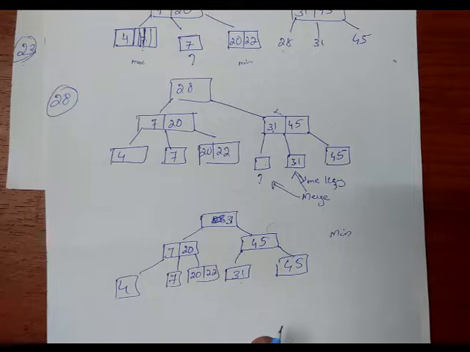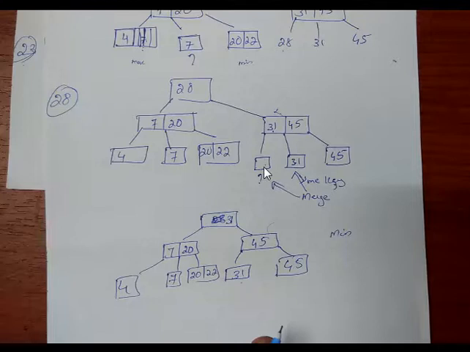We already saw that if the sibling also contains the minimum key, then you have to merge that sibling, the parent and the empty, or the currently deleted node. The left, parent and right have to be joined and made into a single node, as we saw in this example.